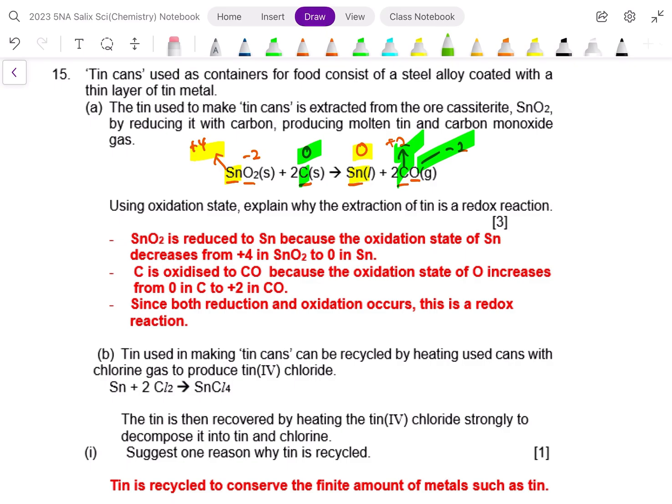In this case, for the reduced part, we say that SnO2 is reduced to Sn, because the oxidation state of Sn drops from plus 4 in SnO2 to 0.